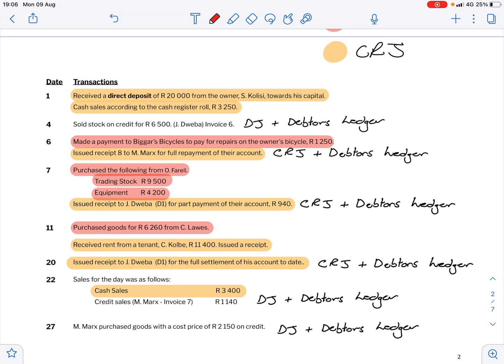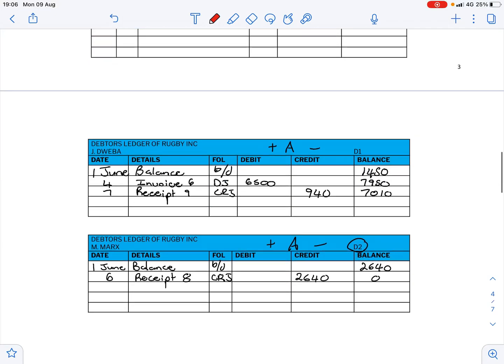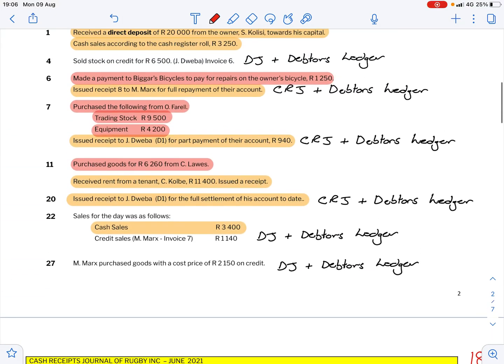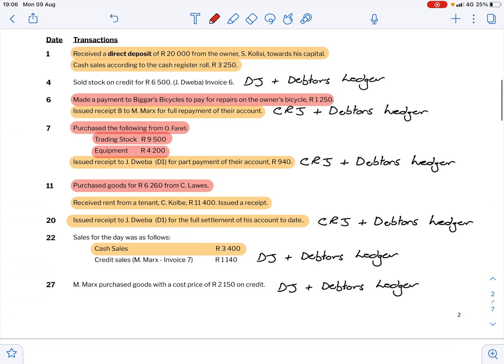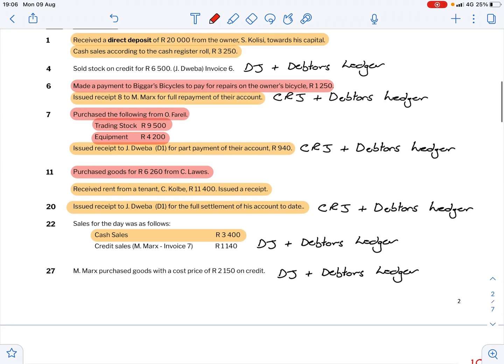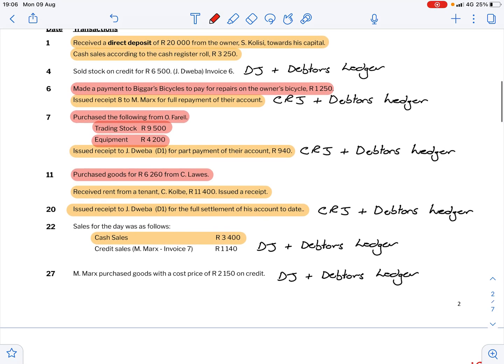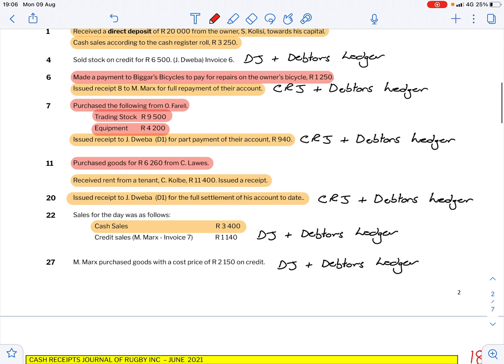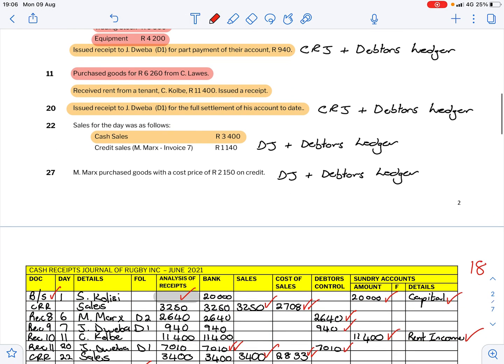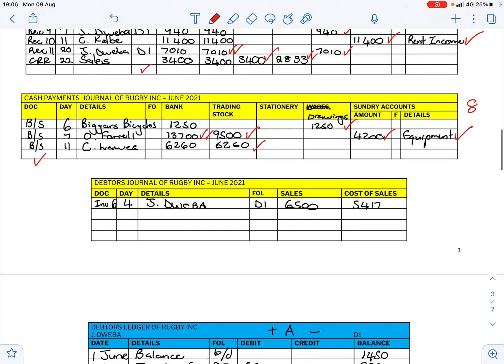We then get to our debtors journal, our blanket transactions. So we've done the first one where we sold stock to Jade Weber, and we've done that in his debtors ledger already. We then need to look at the transaction on the 22nd, where we sell to Malcolm Marks on credit for 1,140 Rand.